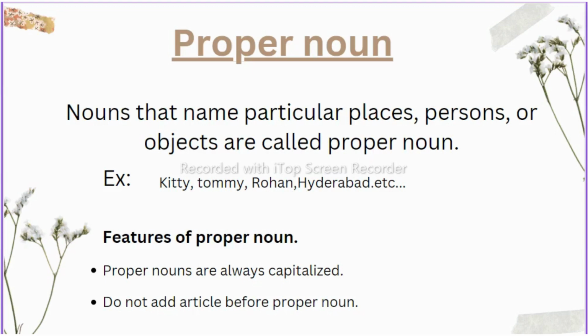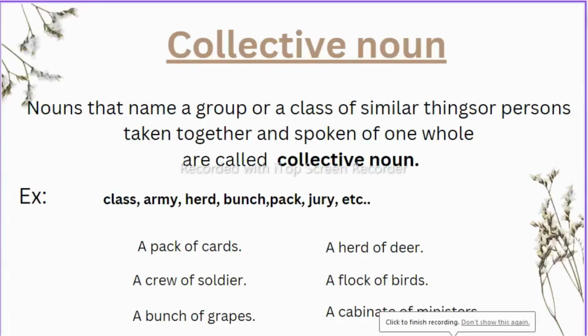Let's see another kind of noun. Collective nouns name a group or class of similar things or persons taken together and spoken of as one whole. Examples are class, army, herd, bunch, pack, jury.